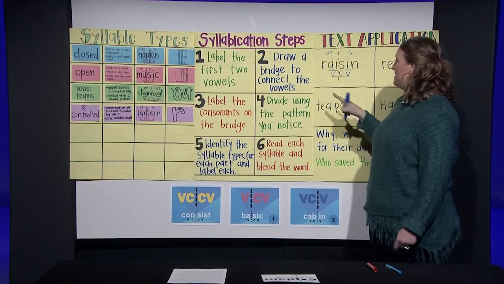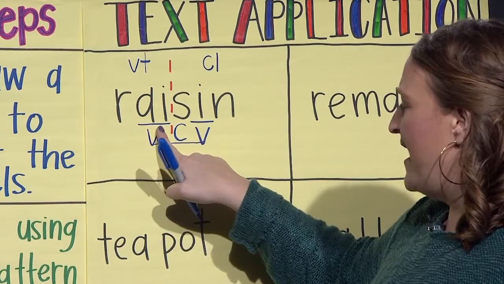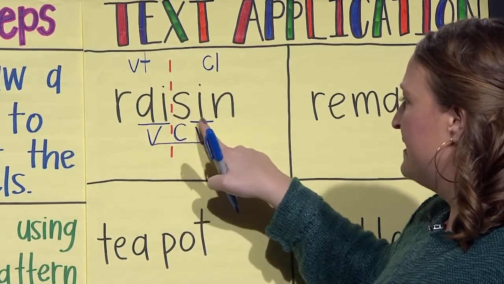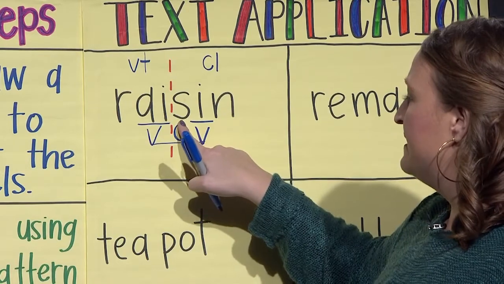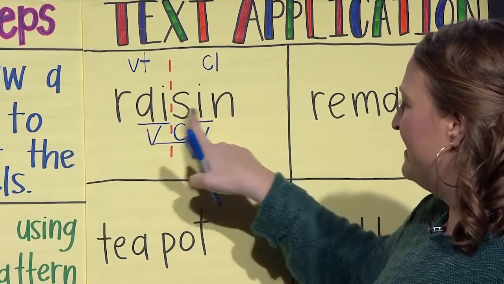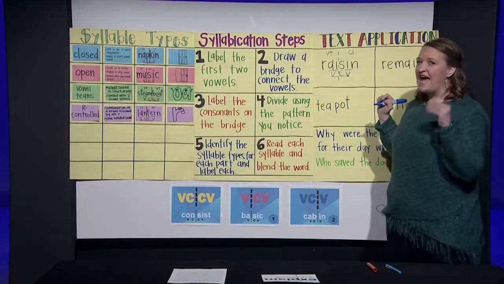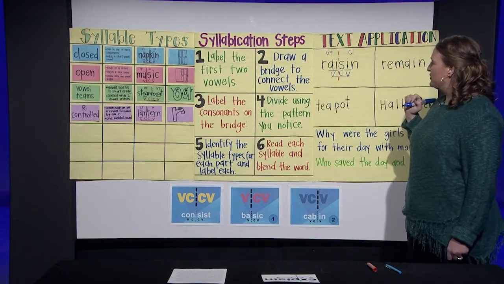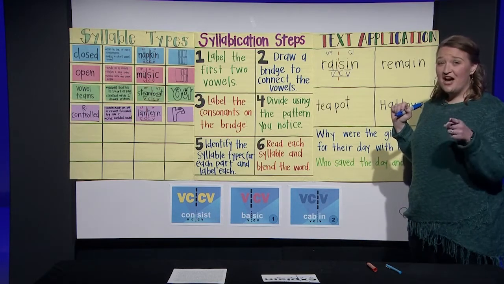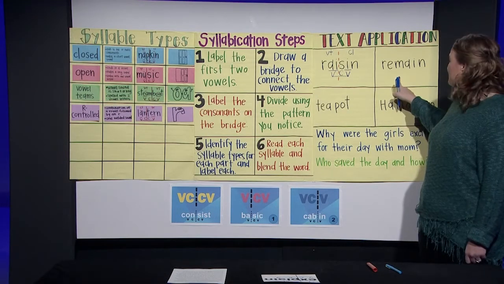You do it after me. Ray, sin. Let's put it together. Raisin, raisin, raisin. Like a little snack, you might eat raisins in the afternoon. Great job. You ready for the next one? Write this word on your paper.